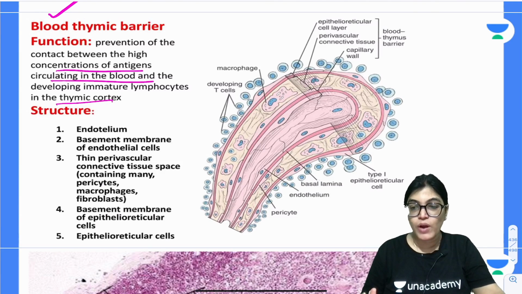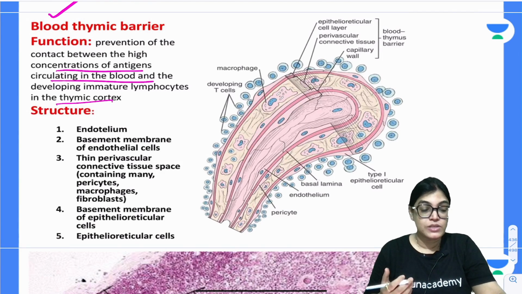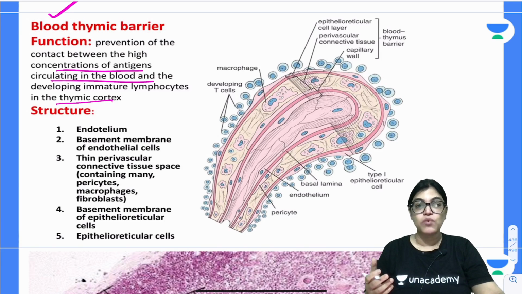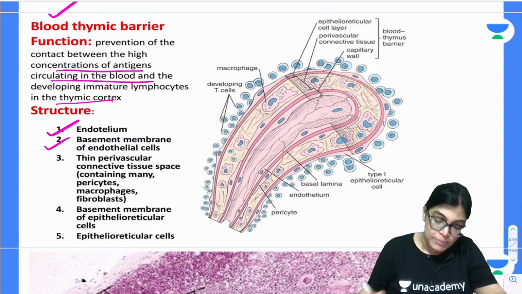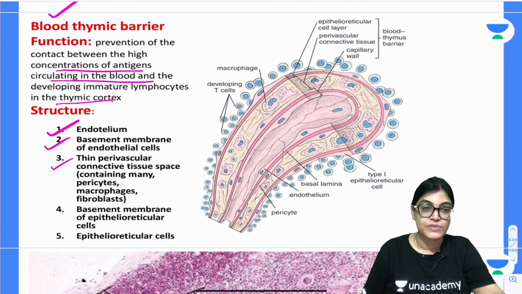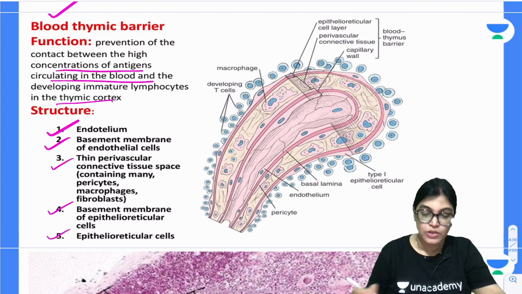Now the next important point is which layers form the blood thymic barrier. The components forming it are: endothelium, basement membrane of endothelial cells, thin perivascular connective tissue space containing pericytes, macrophages and fibroblasts, also the basement membrane of epithelio-reticular cells, and the epithelio-reticular cells.